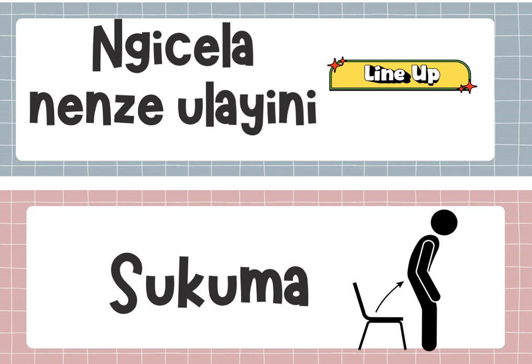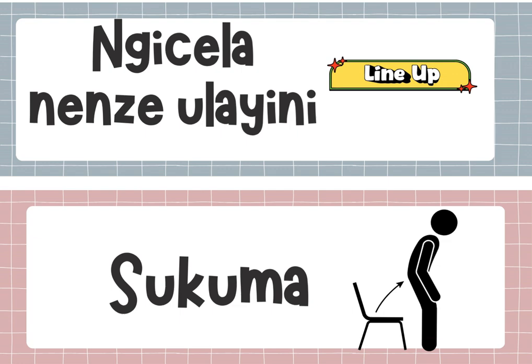The teacher can say, ngicela nenze ulayini. Please make a straight line, or please line up. Sometimes they'll even use the borrowed word and say, ngicela line up. Ngicela nenze ulayini.